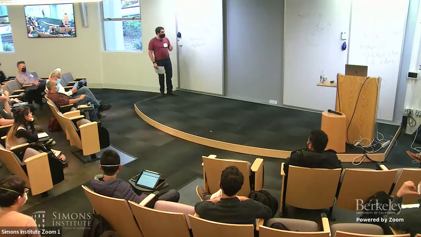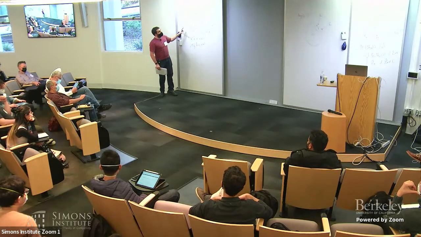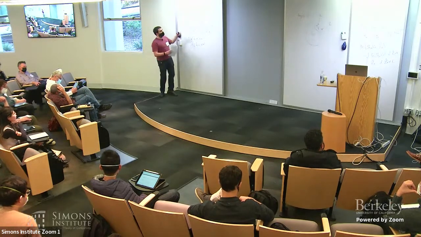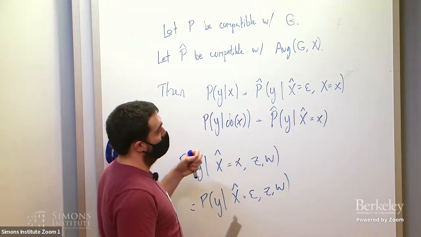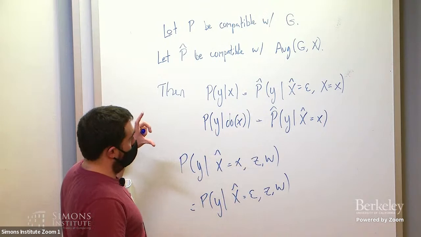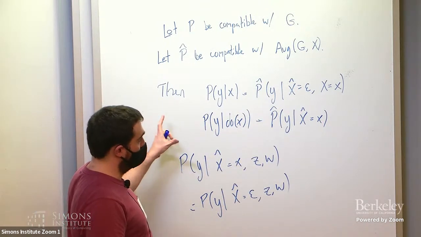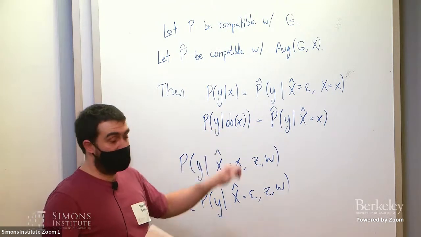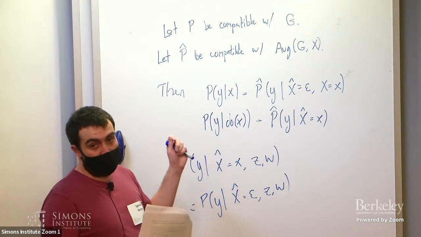Great, thank you. So this augmentation of models and then the corresponding graphs is a way of relating interventional distributions and distributions without interventions that doesn't involve doing this graph surgery.